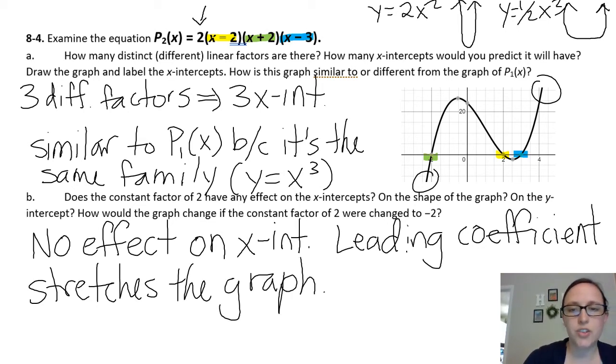What if we changed 2 to negative 2? Well, if we changed that quadratic, the number in front, to negative, it would just flip down. So same thing with polynomials. If we changed the number in front to a negative, it would flip the other way.